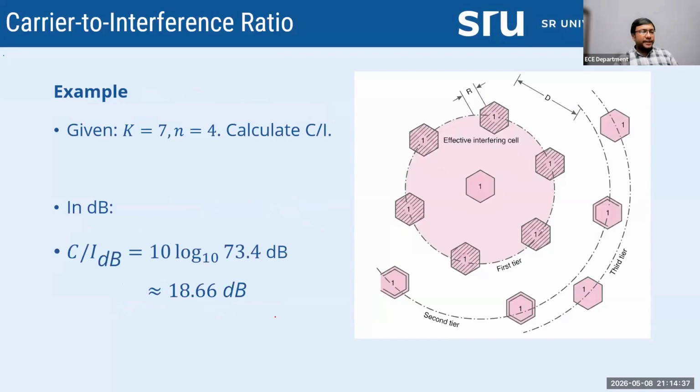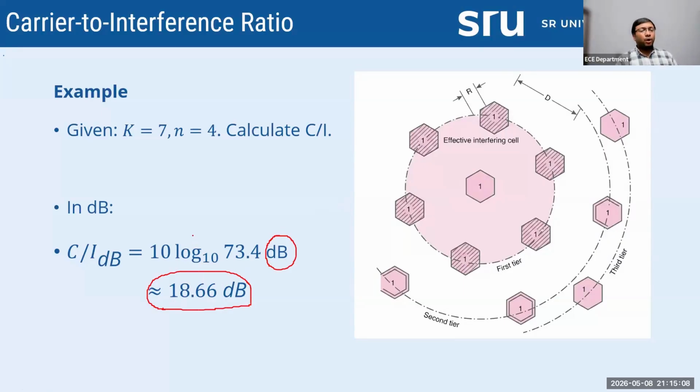Signal to interference ratio in decibel is equal to simply 10 log 73.4 dB, base 10, and the unit should be dB. If you calculate this, this should be 18.66 dB.